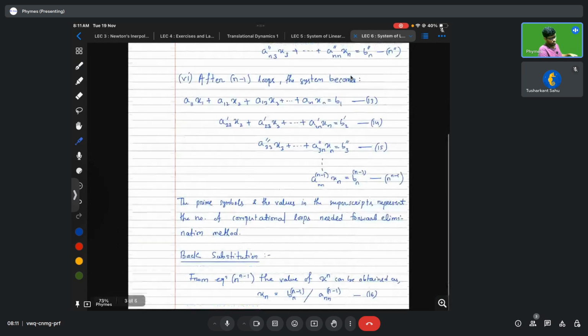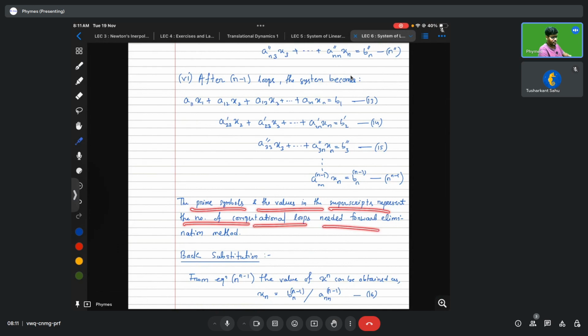And in these equations, the prime symbols and the superscript values represent the number of computational loops needed for the forward elimination method. Here you see that one dash represents that these coefficients or constants are found after just one loop, and these are found after the second loop with 2 dash.